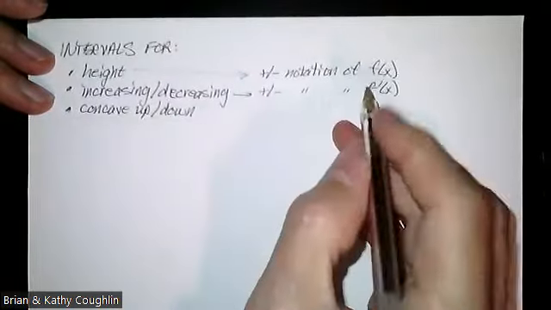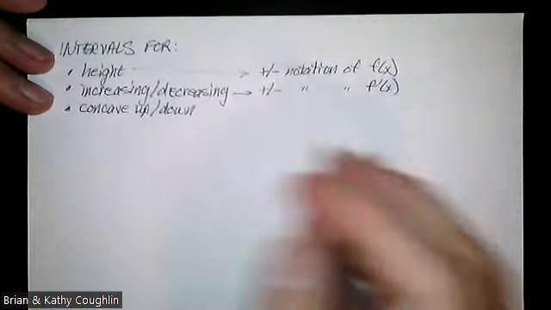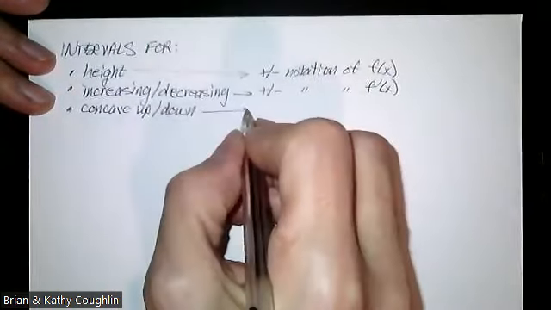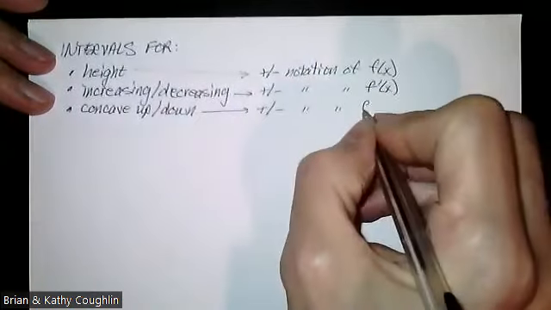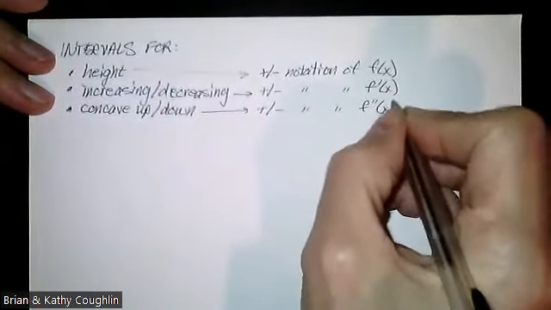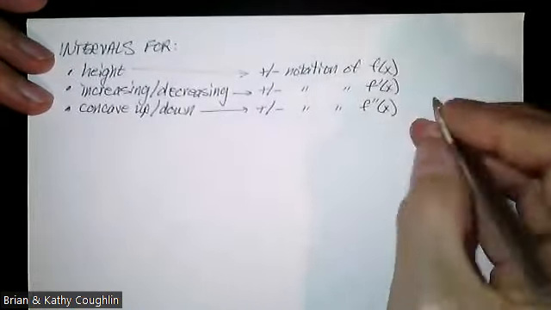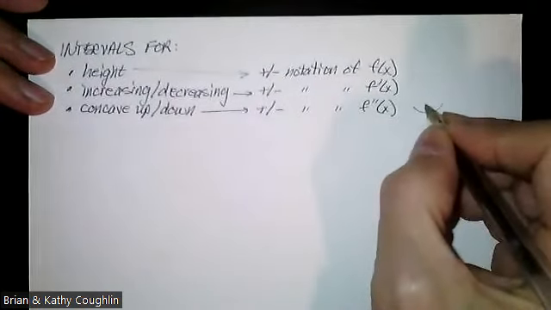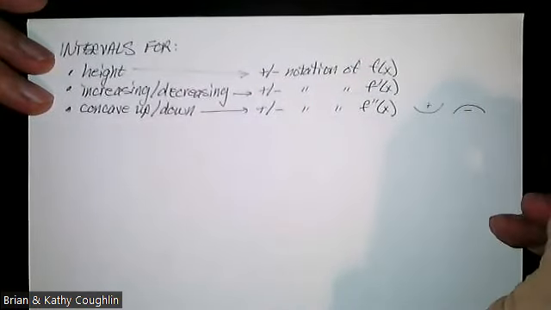So if you do plus minus notation, you'll see all the regions where they're positive or negative or positive or negative or what have you. And then concave up or down, you do plus minus notation of the second derivative, because that controls concavity. So if you find the second derivative is positive, you're going to have concave up. If the second derivative is negative, you're going to have concave down.